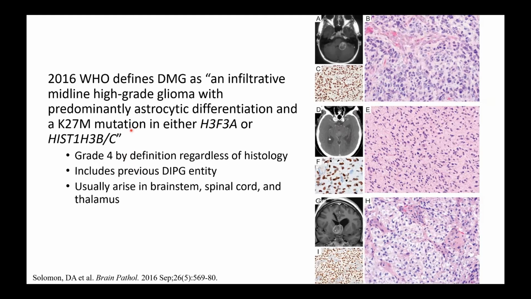And these arise by a lysine 27 or 28 mutation, depending on how your nomenclature is issued, to methionine missense mutation. This can be picked up with mutation-specific immunohistochemistry. That's what's being shown in each of these panels down here.